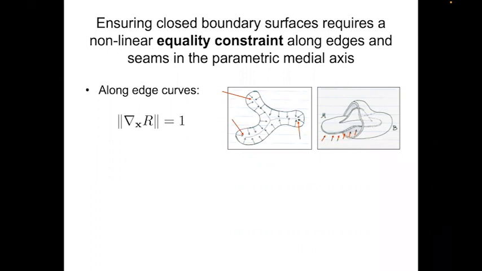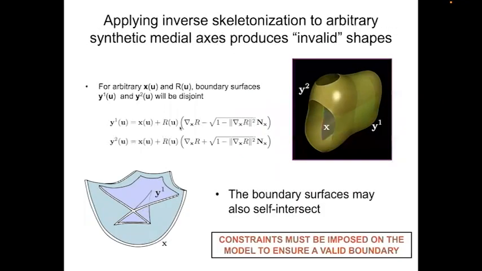And so we want whatever is being subtracted here and added here to go to 0, which is to say we need the norm of grad r to be equal to 1. And so that's really the constraint. That along the edges, we need the norm of grad r to equal 1. Again, this is a nonlinear expression involving x, r, and their first derivatives.